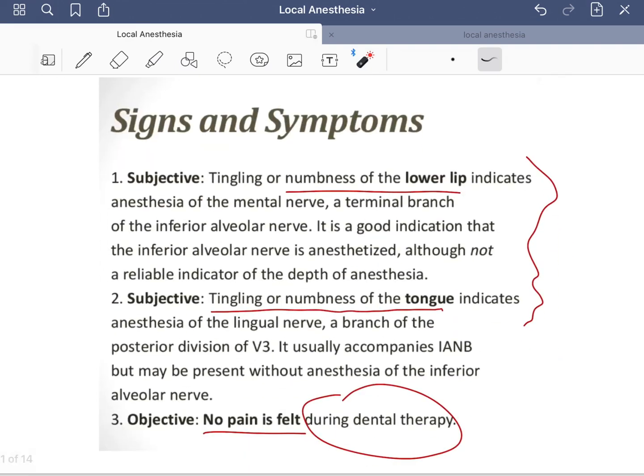Signs and symptoms of successful anesthesia: numbness of the lower lip and tingling or numbness of the tongue. But these two indicators are not reliable. The most reliable indicator is when no pain is felt during dental therapy. This is the best sign that you gave a successful anesthesia.